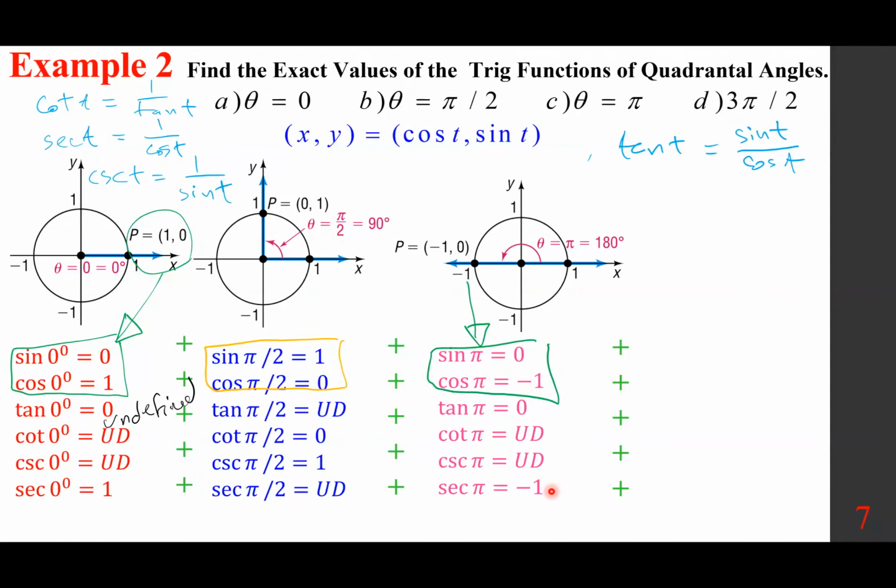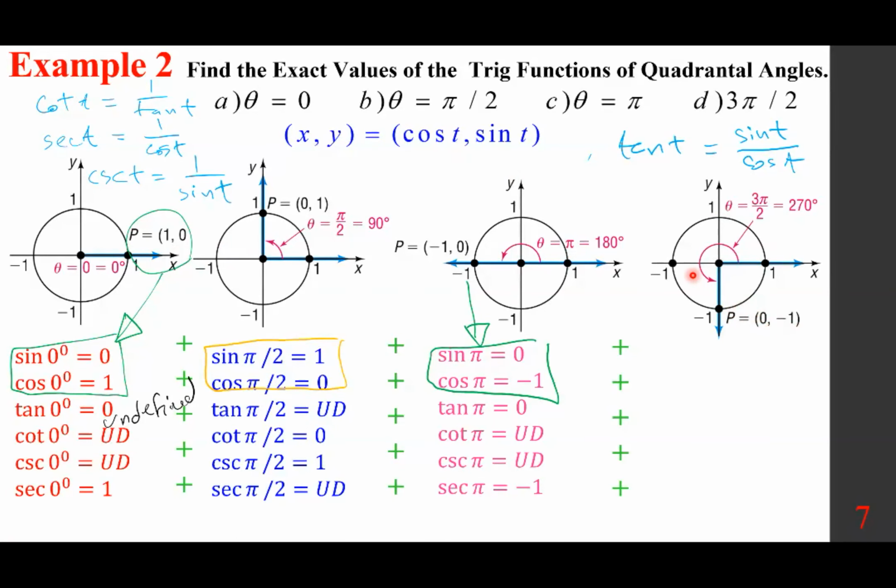So we looked at 0 degrees, 90 degrees or pi over 2, 180 degrees or pi. Let's also look at 270 degrees, or 3 pi over 2. This time we have coordinates 0, negative 1. So cosine of 3 pi over 2 must be 0. Sine of 3 pi over 2 must be negative 1.